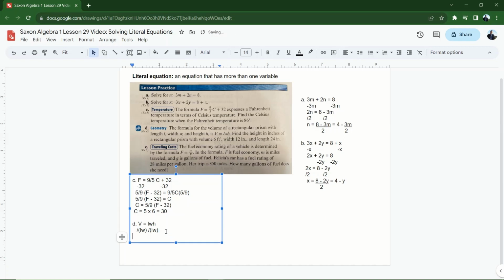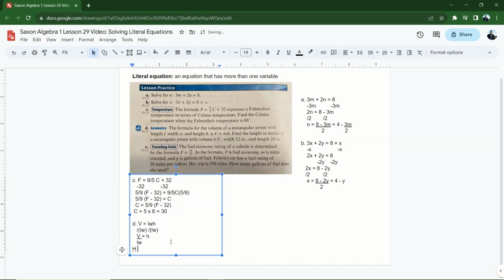Okay, so what is this going to look like? Like this. H equals V over LW. All right, let's see if we can solve this.